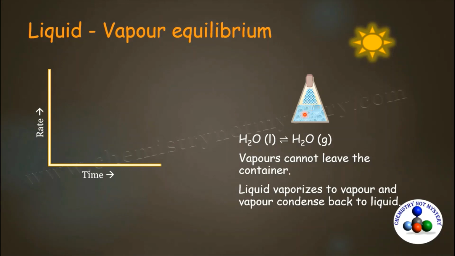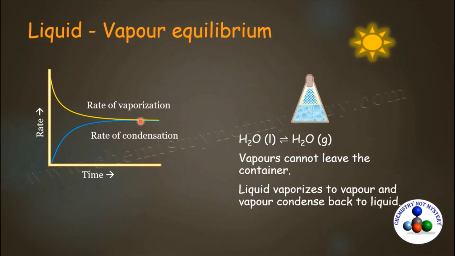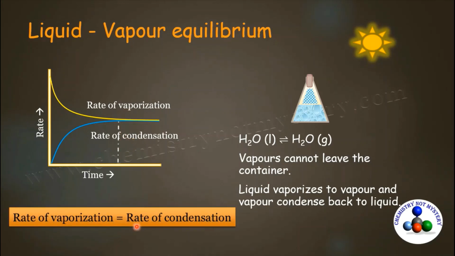In this container, rate of evaporation will be high at the beginning, but it gradually slows down. After accumulation of some amount of water vapor, condensation will start. So at the beginning, rate of condensation will be very low, but gradually it increases. And at a certain point, rate of vaporization and rate of condensation become equal.